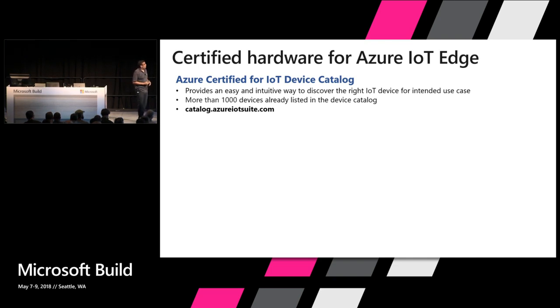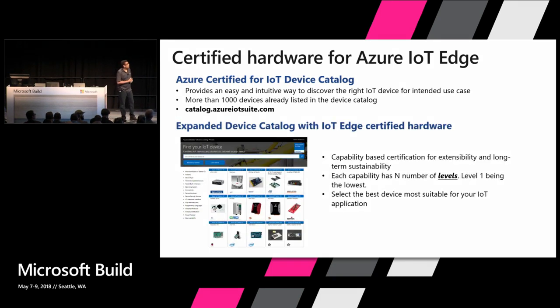those. Now, what we are doing is we are extending this model, this device catalog, to have IoT Edge certified devices, right? So it will still be the same portal that we have with some modifications, but it would be more based on capabilities of the device. And security is one example. What level of security does this device bring to you?